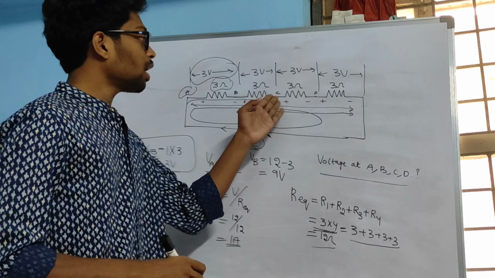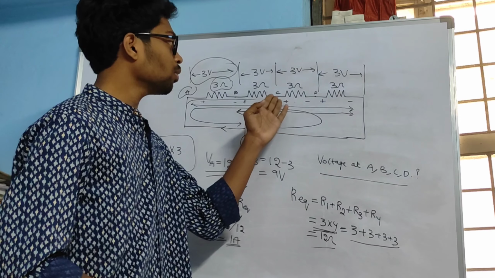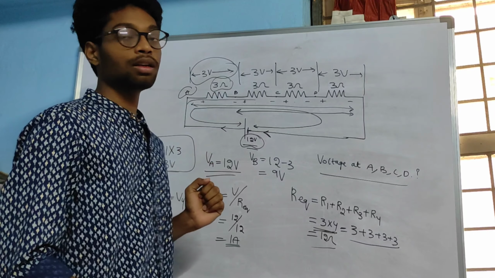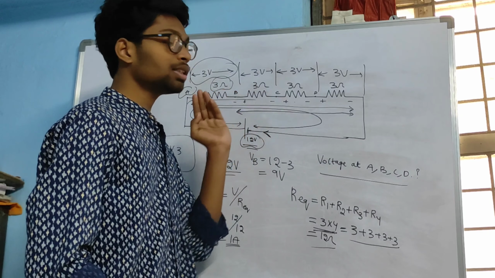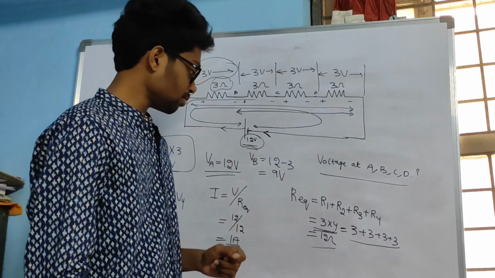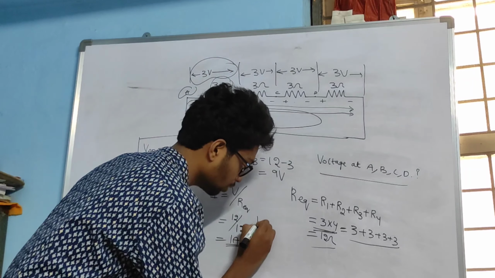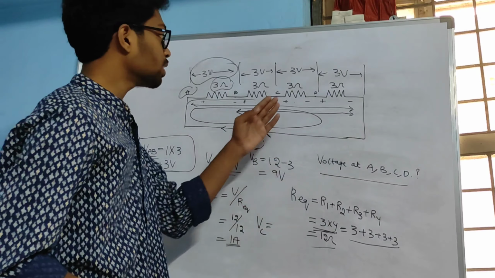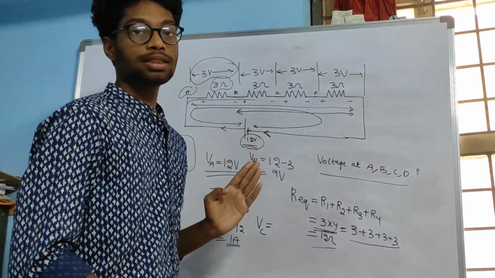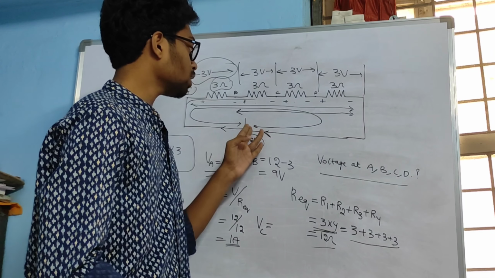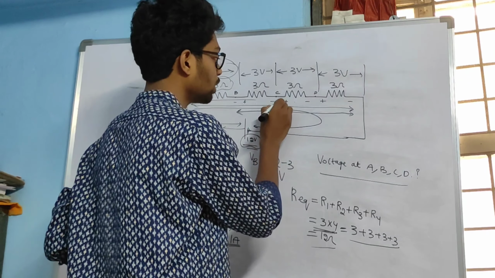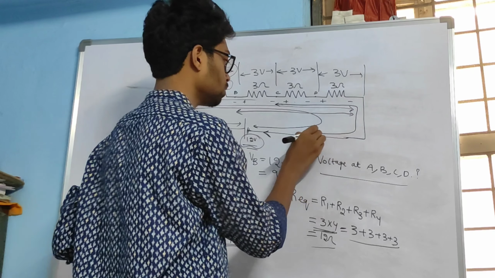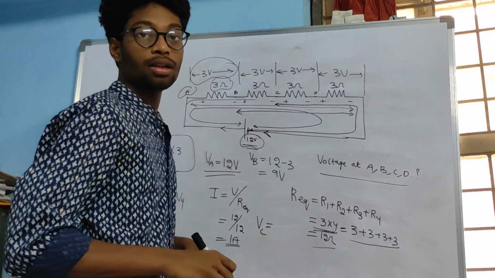Like that, apply the same for voltage at C and voltage at D. I am taking voltage at C as VC. For this, just add up these voltages so that it will take the voltage drop across this terminal to negative terminal.